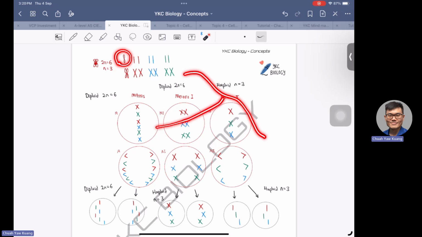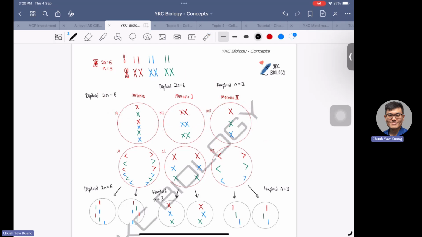Then when it condenses, it becomes this type of chromosome. So for this type of chromosome, the chromosome number is counted as one, and the DNA content, or the number of DNA molecules, is also counted as one.